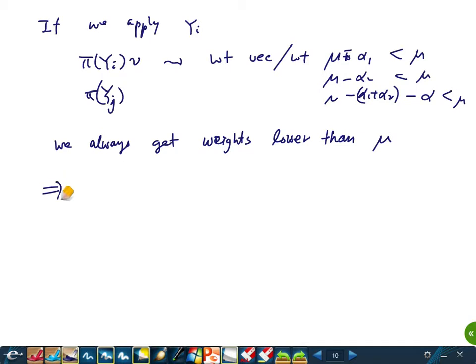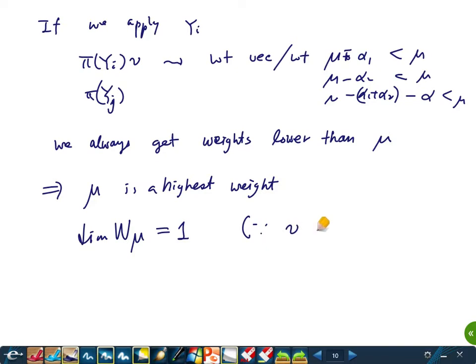This means mu is the highest weight. Everything else will be smaller than mu. And also, the dimension of the weight space corresponding to mu is 1 because v is the only weight vector with weight mu. So that's the end of the proof.